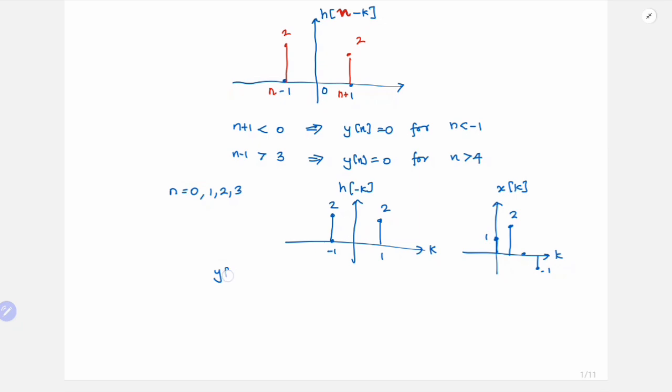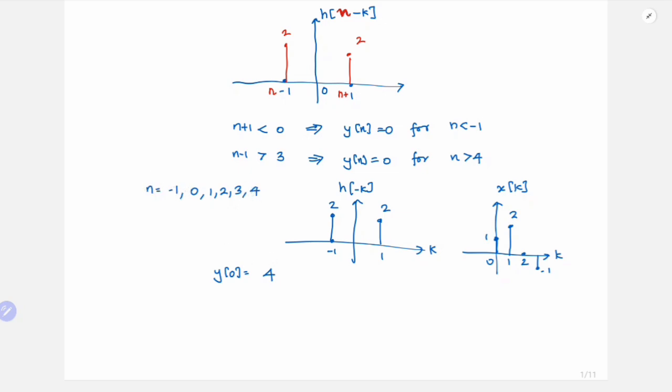So now I can find y of 0 by this exact multiplication and then summing up. You can see there is only one overlap, at 1. So 2 into 2 you will get 4. So my y of 0 will be 4. And again, y of n is 0 for n less than minus 1 and n greater than 4, which means n equal to minus 1 and 4 are also included.